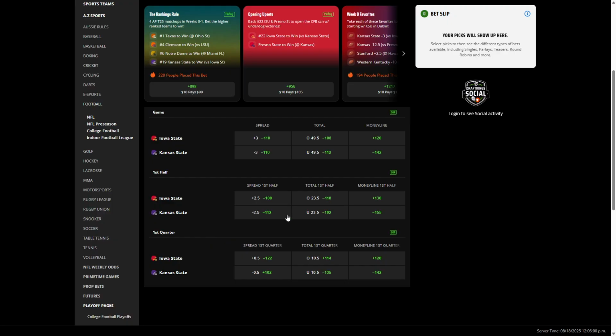If you want to do it more in the first half, pretty wild to me to see a spread of 3 and a spread in the first half of 2.5. Right, this is a really weird opportunity. Or if you think Kansas State's going to start slow, maybe you get on the Iowa State +2.5. There's a lot of weird stuff going on with the fact that the game line is -3 and the first half line is -2.5.